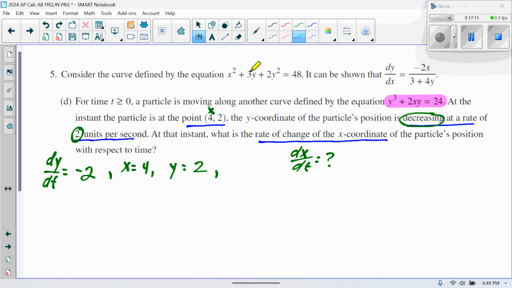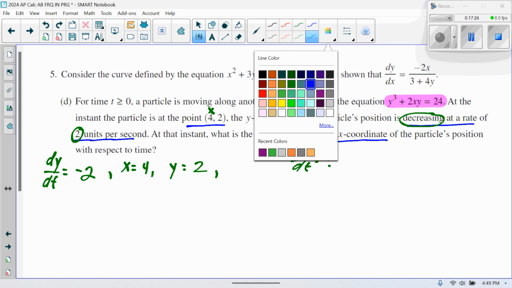Since it's a related rates problem, we have to put dy/dt next to every derivative for y, and also dx/dt next to every derivative that we take of the x term. All right, let's go.